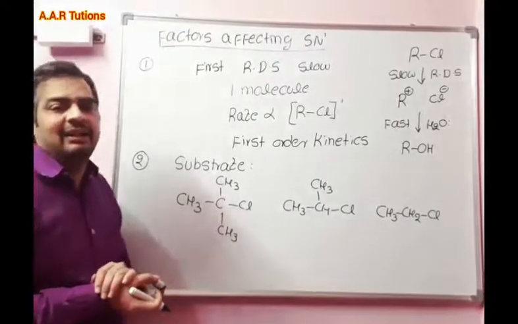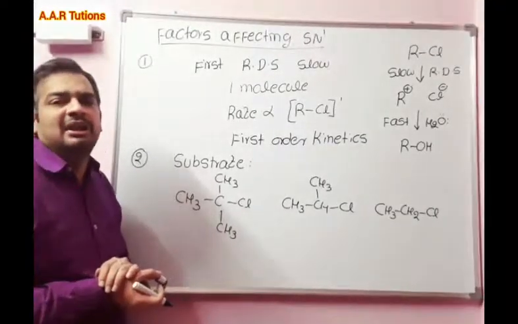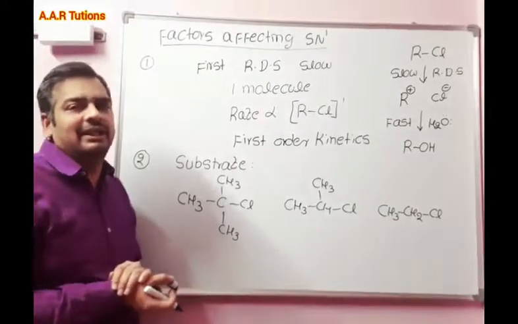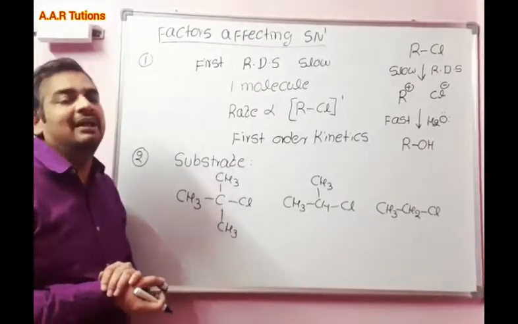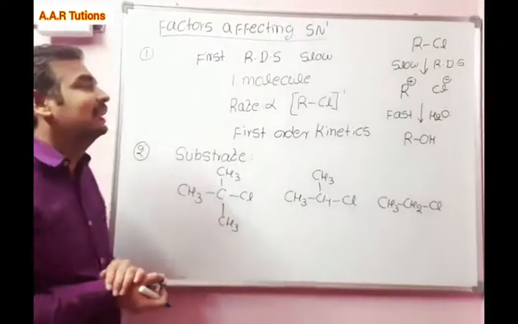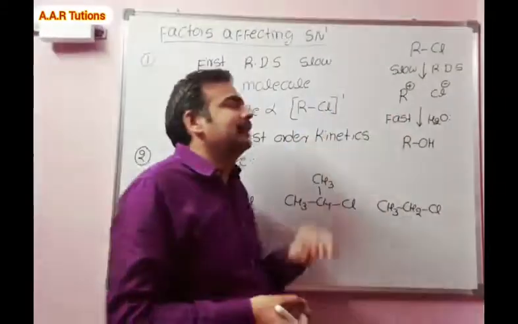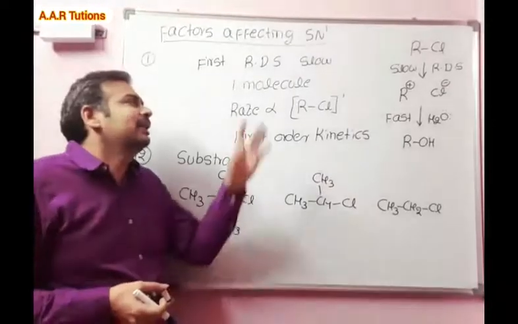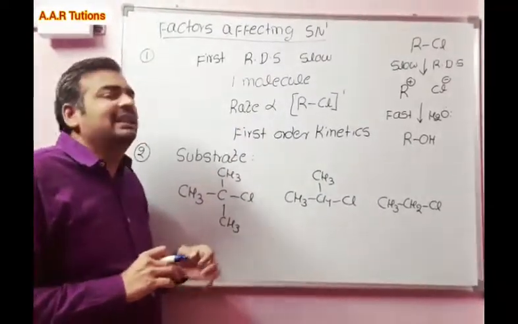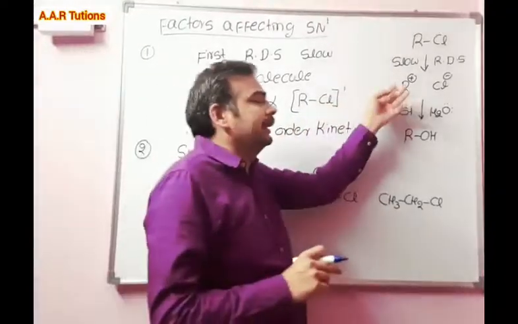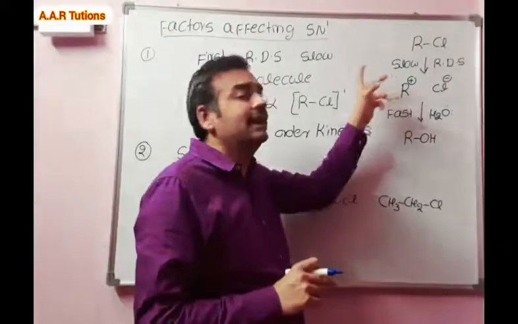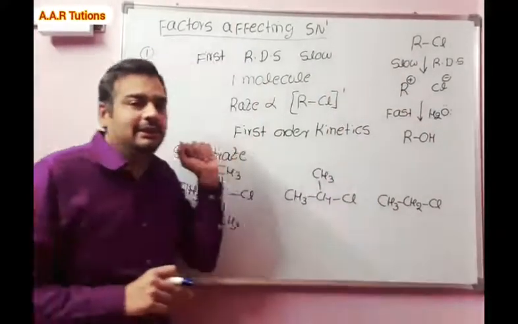Generally, tertiary alkyl halides readily undergo SN1 reaction. But what is the reason behind tertiary alkyl halides preferring SN1? If you see the mechanism, carbocation is formed as an intermediate in SN1 reactions.